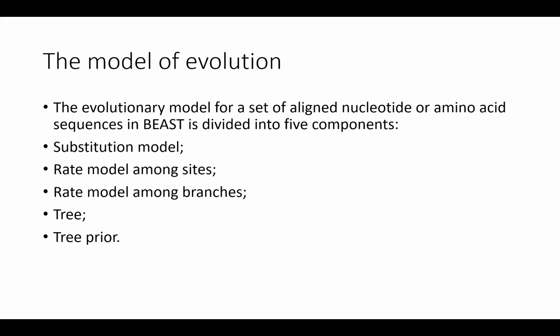Tree. This is a model of the phylogenetic or genealogical relationships of the sequences. And tree prior, this model provides a parameterized prior distribution for the node heights in units of time and tree topology. Let's take a closer look at these components.